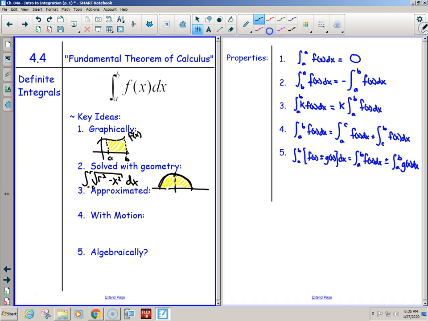Negative r to r is one way of seeing that semicircle. It could go from 0 to r and be a quarter circle. Either way, that's a semicircle with an area of 1/2 pi r squared. Anyway, they could do triangles, they could do rectangles, they could do trapezoids, but semicircles are the hard ones to see.